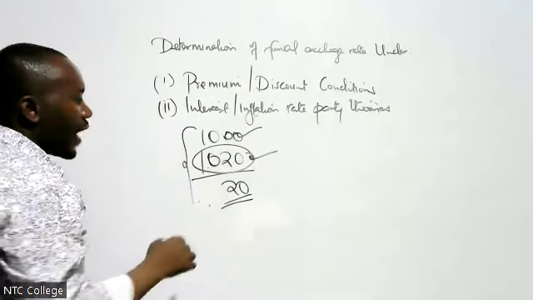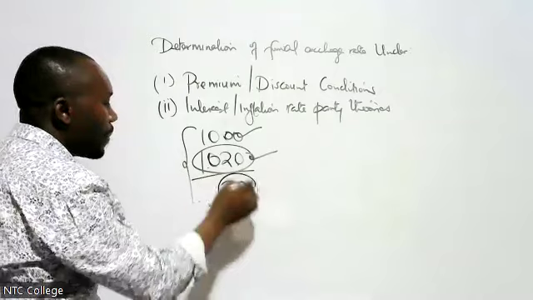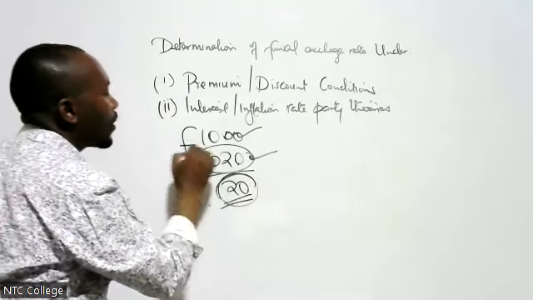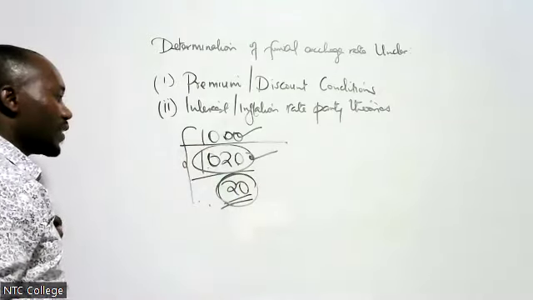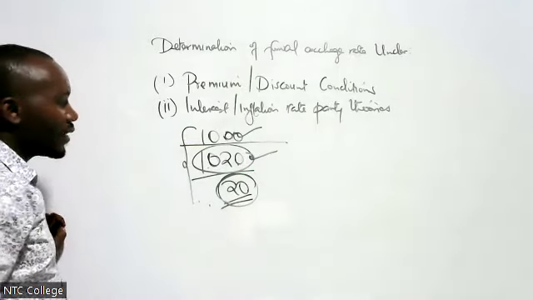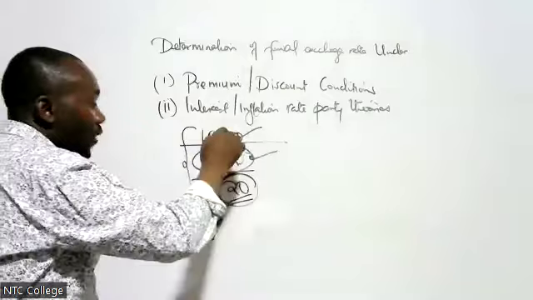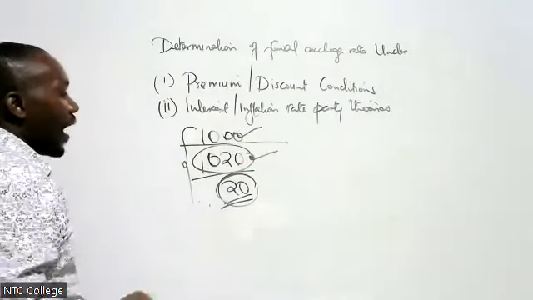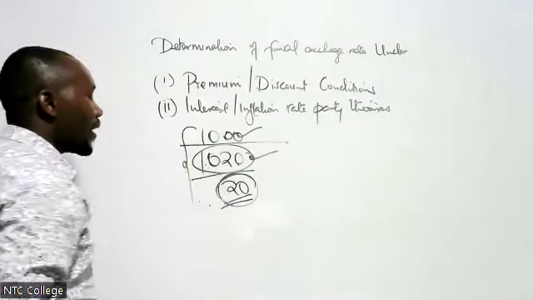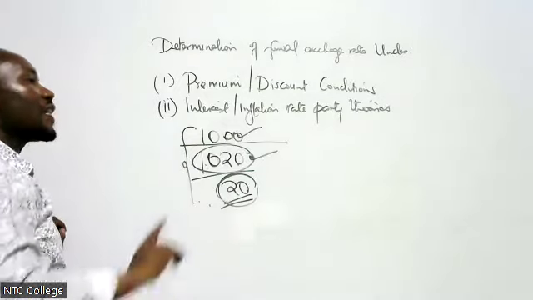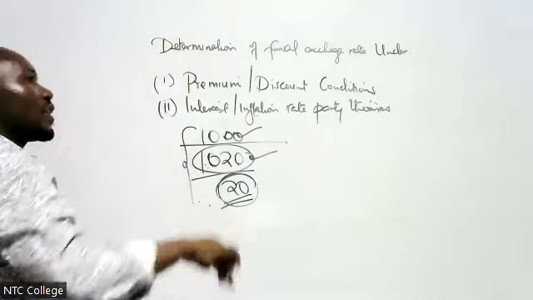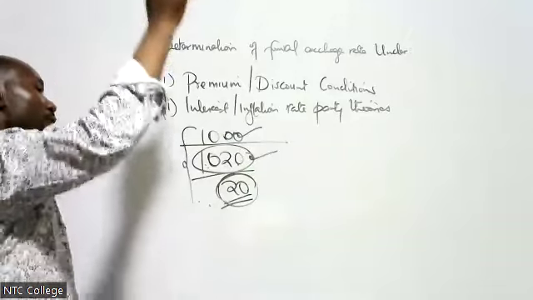It means that I've exaggerated the price, so it is being sold at a higher price. For me to correct it, I need to subtract the premium part, leaving only the correct price, which is 1,000. I don't know whether you're getting me. If I was supposed to sell to you something at 1,000, and I sold at 1,020, I've sold it at a higher price. Premium is the opposite of discount. Instead of going down, I sold at a higher price.